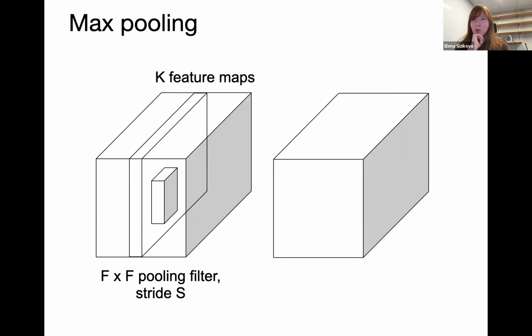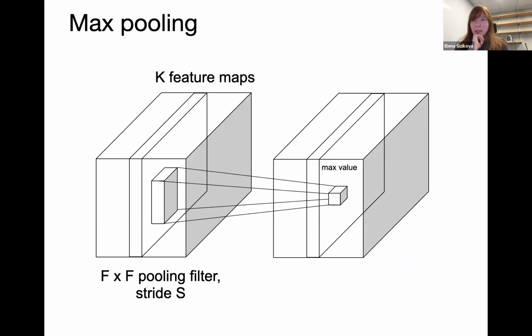So pooling layers: I'm throwing away some values. I'm looking at the region, and for every patch here, I'm taking the max value and putting that maximum value in the output feature map. So this is basically downsampling of your input.